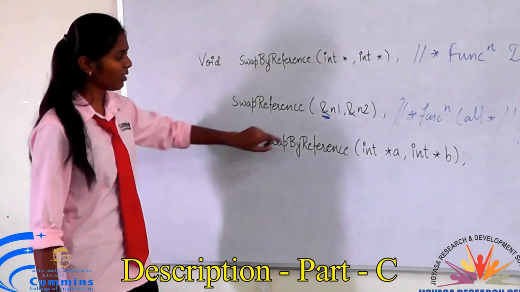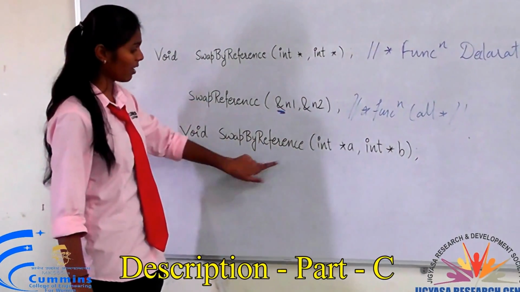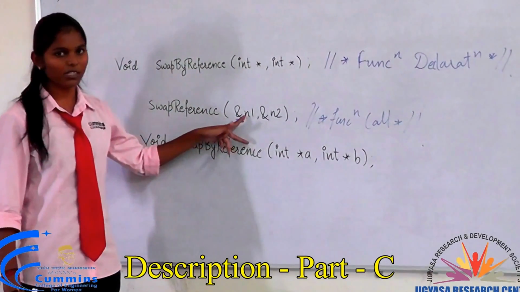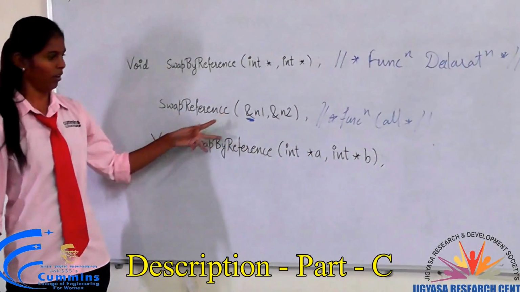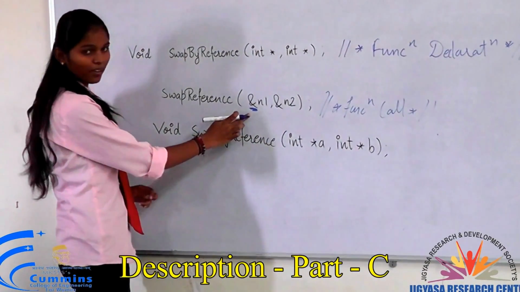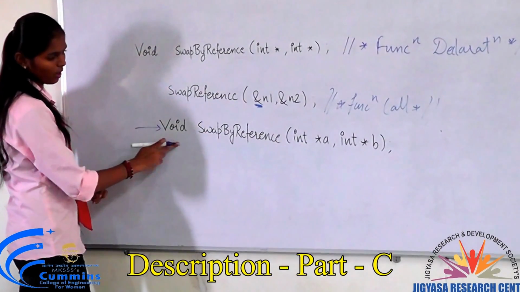In the function definition, here we have taken n1 and n2 as the variables, and here it is taken as a and b. We can also take both the variables as a and b, or n1 or n2. Then this function is called in the main function, and the control will be on this function.